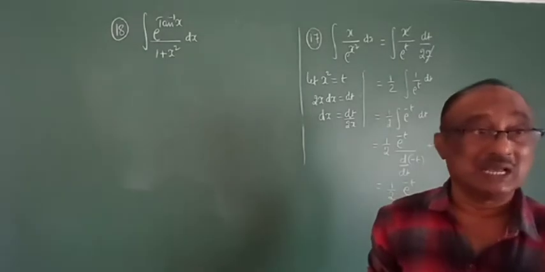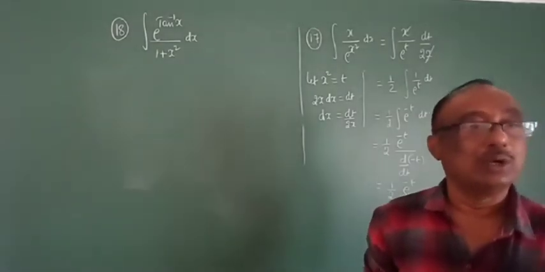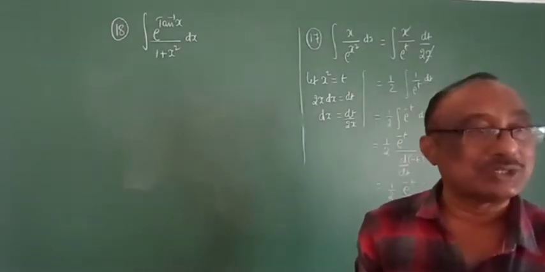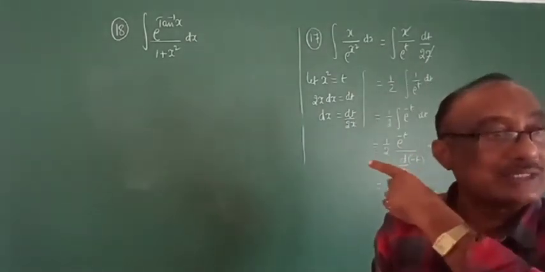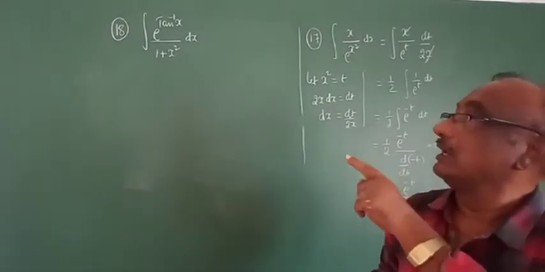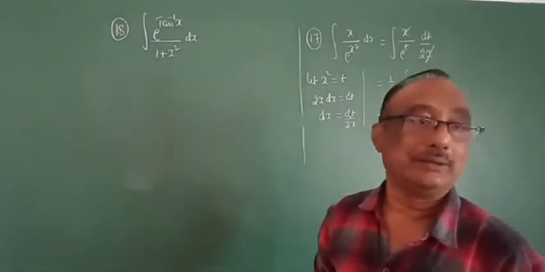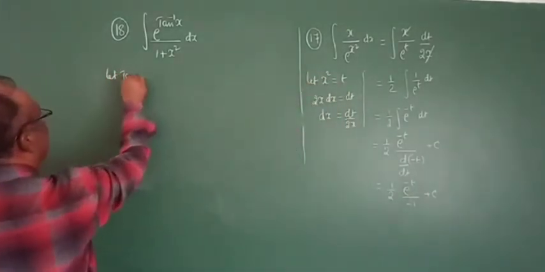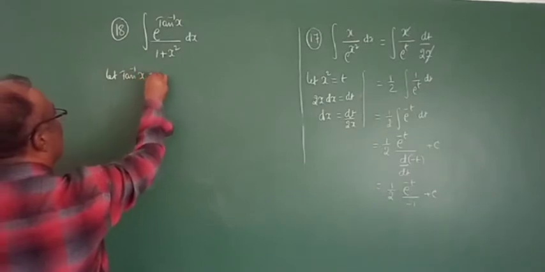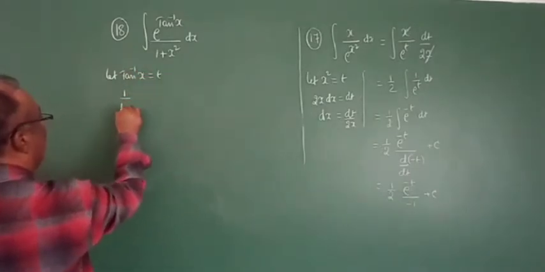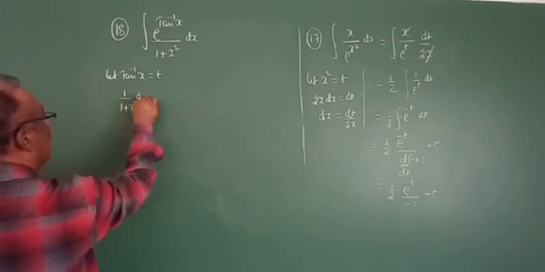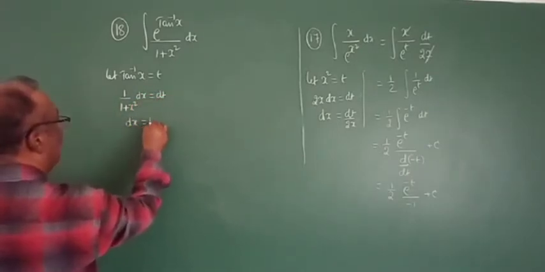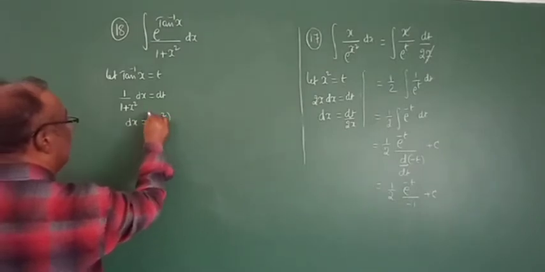The derivative of tan inverse x is 1 by 1 plus x square, which we already have. So let tan inverse x be t. Then 1 by 1 plus x square dx equals dt. So dx equals 1 plus x square dt.